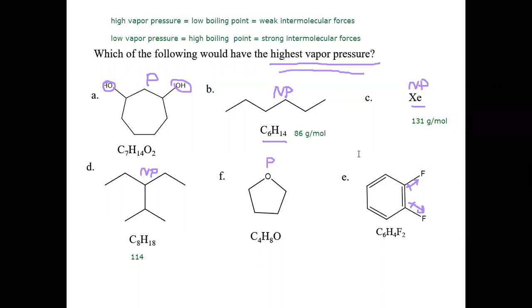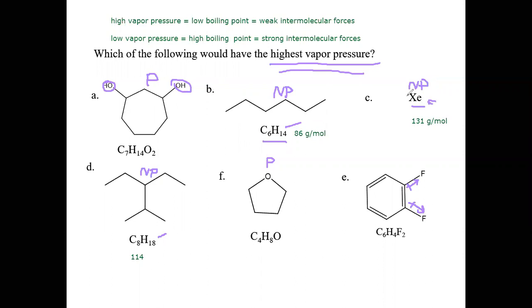Now, we have to decide on C8H18, C6H14, or xenon, and we have the molar masses. Based on the molar mass, you would say C6H14. But one thing you got to keep in mind is that C8H18 and C6H14 are molecular solids, whereas xenon is an atomic solid.